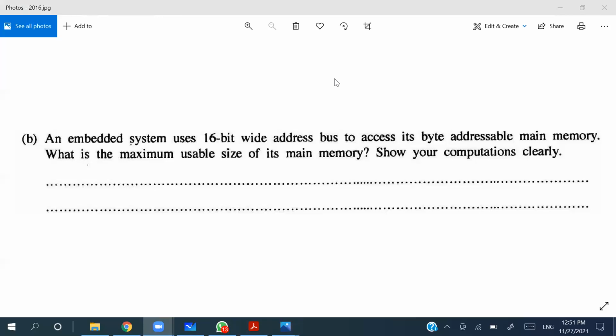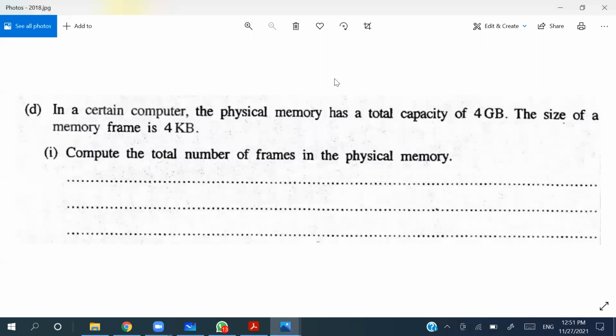All right, Lalindi, I received the 218. Let me check the 218. Okay. Lalindi, they are talking about how many frames.